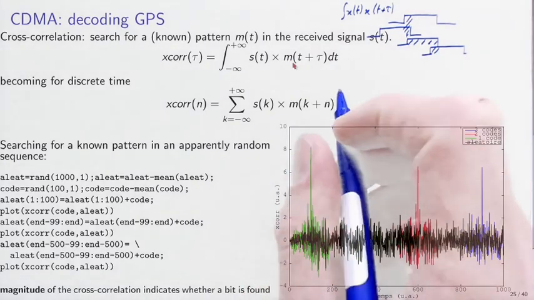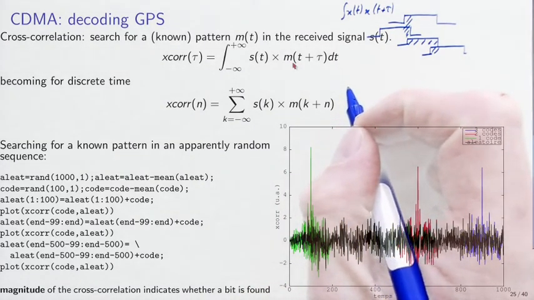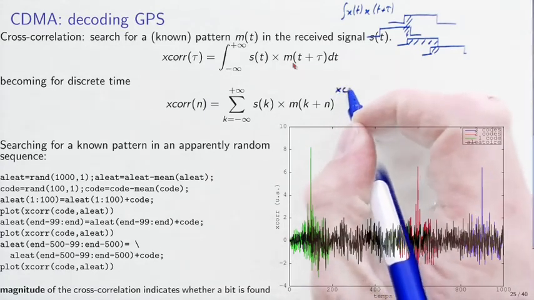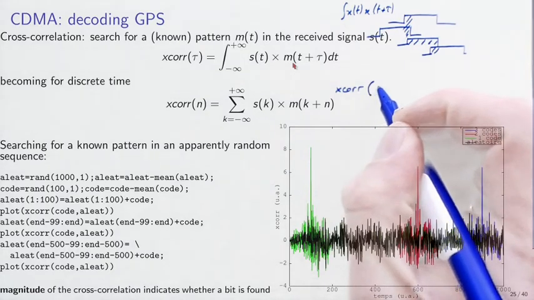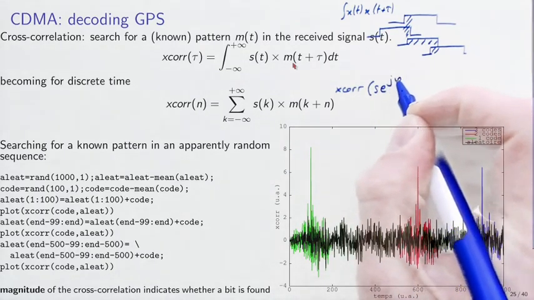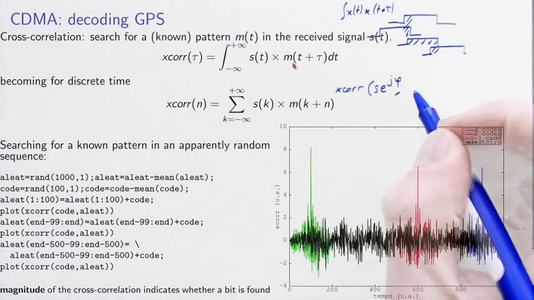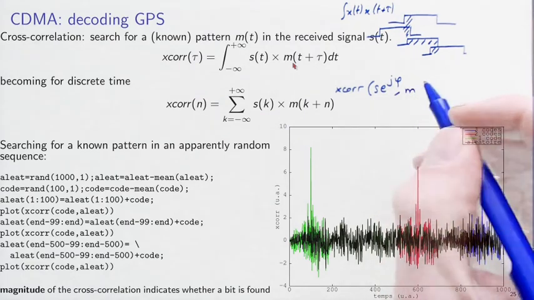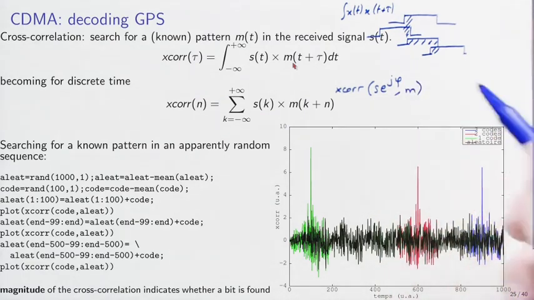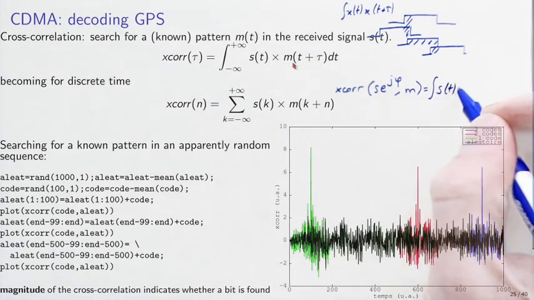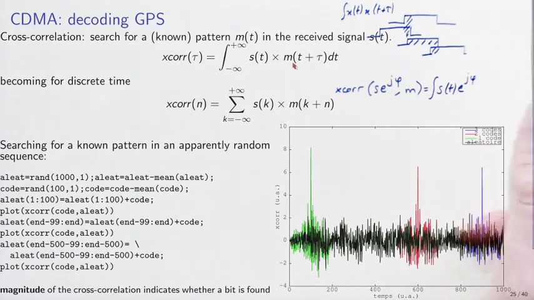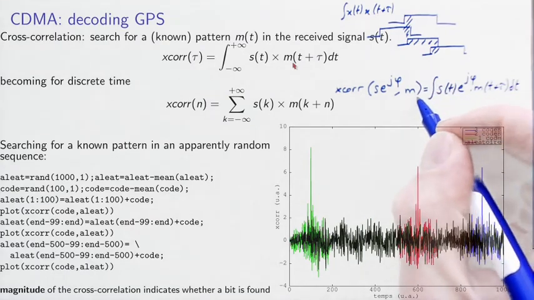Now, imagine that we consider the correlation not of the signal and its pattern, but of the signal that was time shifted by phi and the pattern m. If we consider this cross correlation, this is equal to the integral of exponential j phi times the pattern at offset tau dt. That's the correlation with a time offset tau.